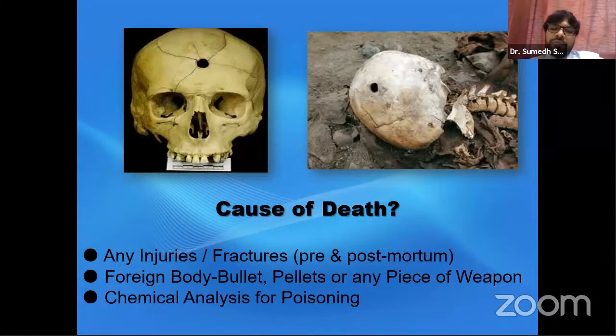This is mainly due to heavy metals: lead, arsenic, mercury. These are slow, gradual poisons, and they accumulate in the ends of the long bones. Through chemical analysis you can identify whether the individual died due to heavy metal poisoning or not.